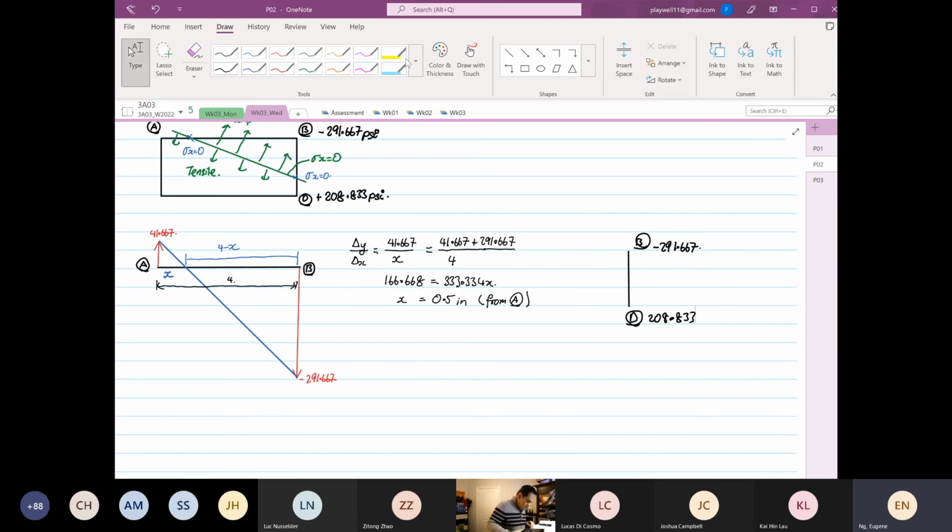So we have our stress now. So this is our minus 291, and then our plus 208. And then we construct a line.